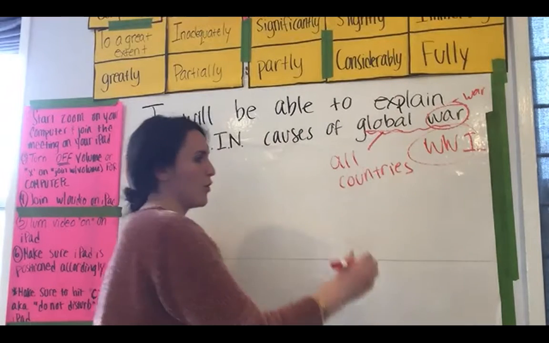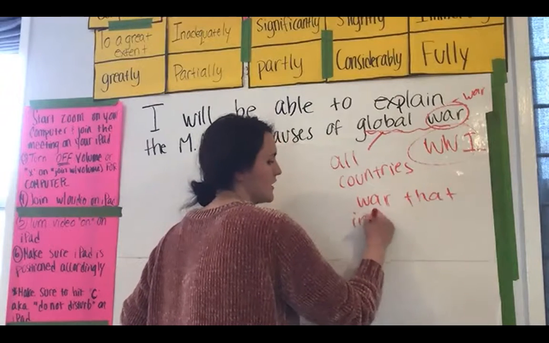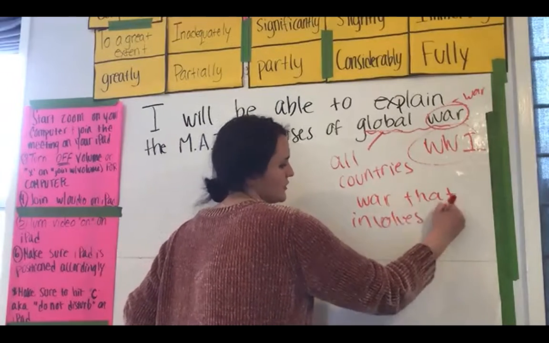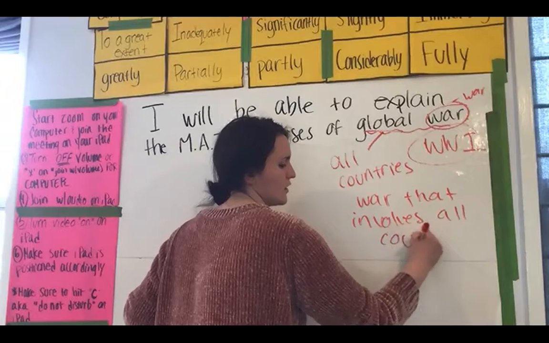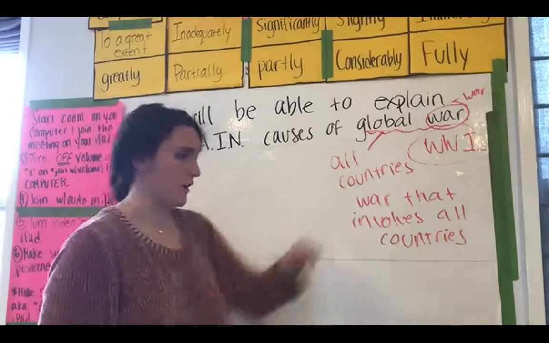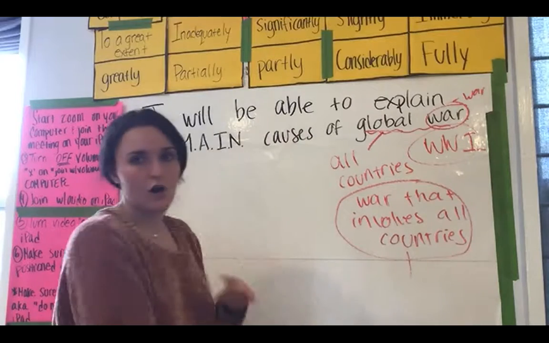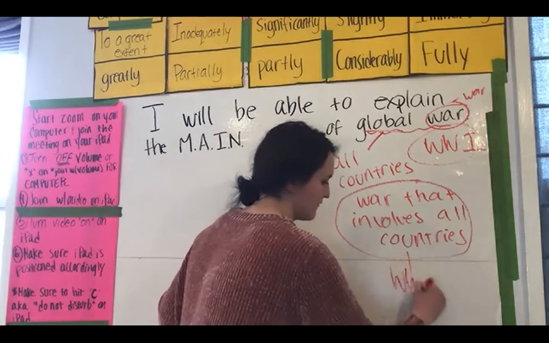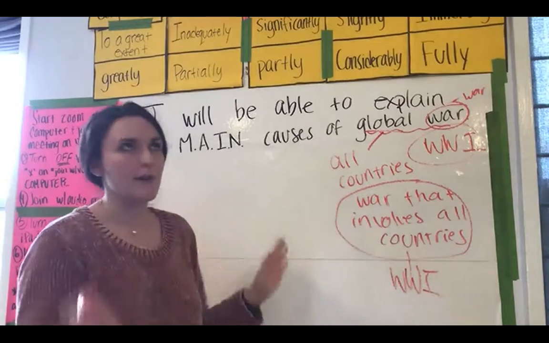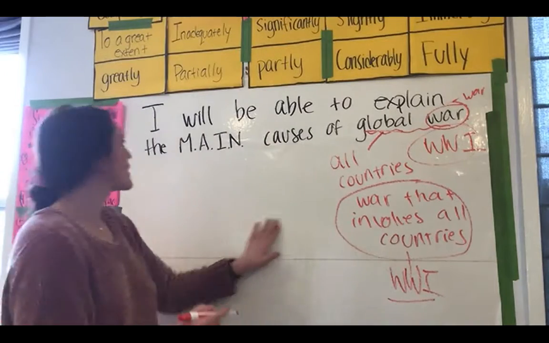So a global war is a war that involves all countries. World War I is called a world war because it's a global war. It was a war that involved almost every country, or a great many of them. It was a war that involved many, many countries.